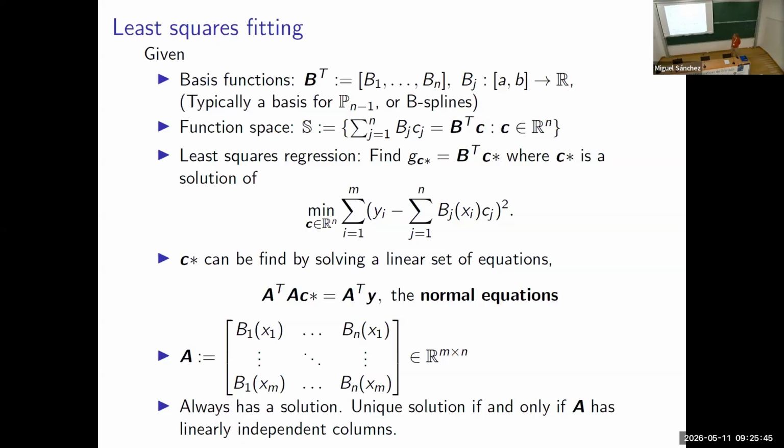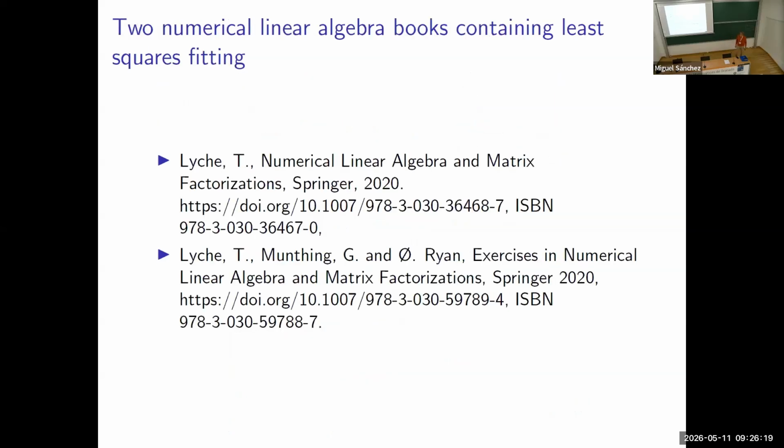You can find C star by solving a linear set of equations, A transpose A C star equals A transpose y, which are called the normal equations. And A is the collocation matrix with the basis functions evaluated at the xi's. The normal equations always have a solution, and it is unique if and only if A has linearly independent columns.